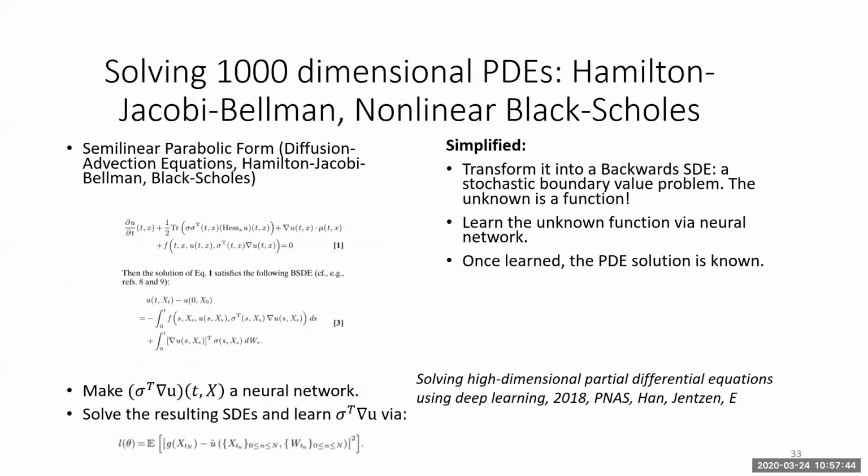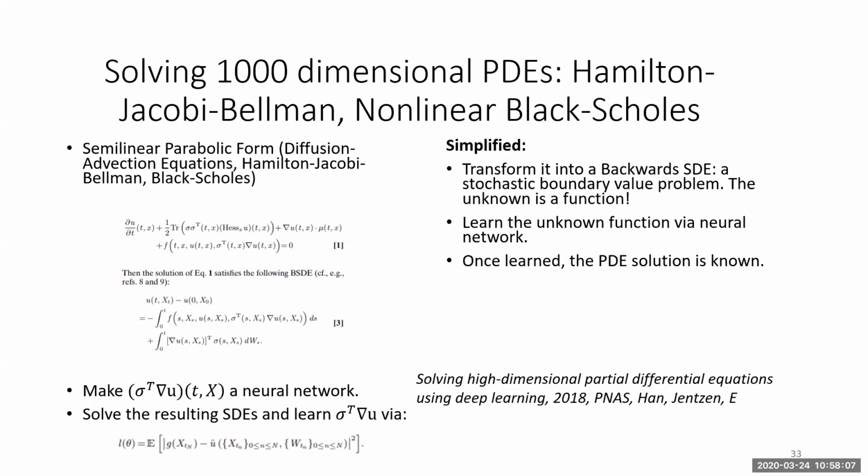And one of the other things that we looked at was, if you wanted to solve these thousand-dimensional partial differential equations, does this also fall into the same framework of neural networks embedded within scientific simulators? So if you take this semi-linear parabolic equation, it turns out that there is a relationship between this semi-linear parabolic PDE and what's known as backwards stochastic differential equations.